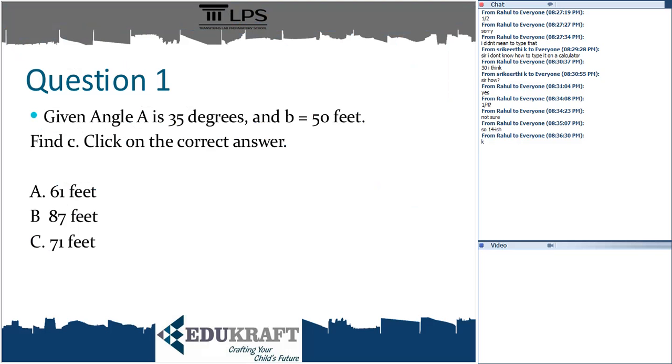So here's the question. This is a straightforward question. Try to draw the triangle and it is going to be very easy after that.